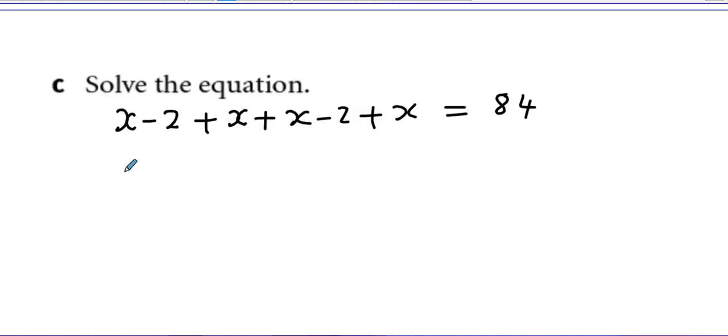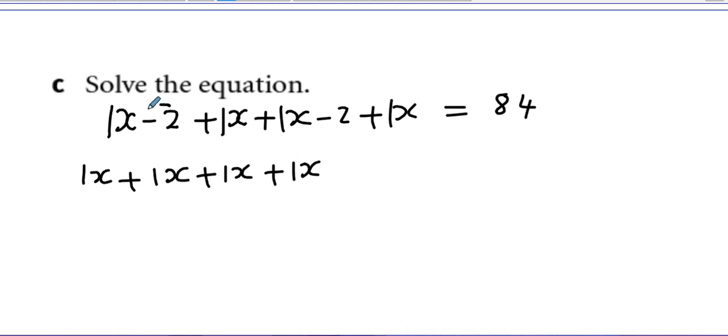Okay, let us collect like terms. We have 1x plus 1x plus 1x plus 1x. Then we have minus 2, minus 2. That equals 84.